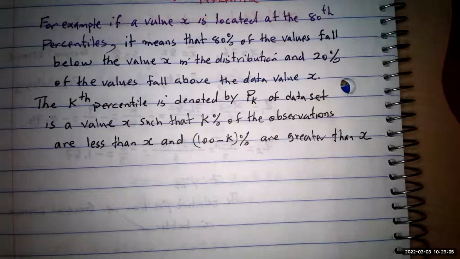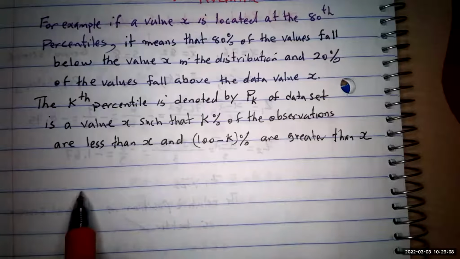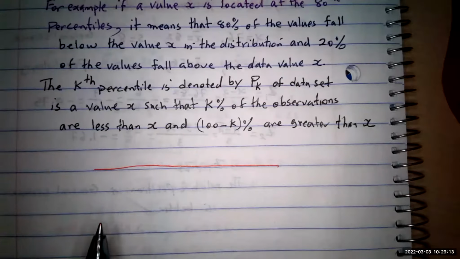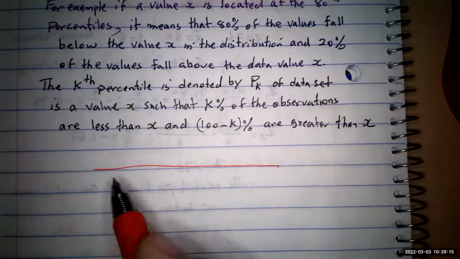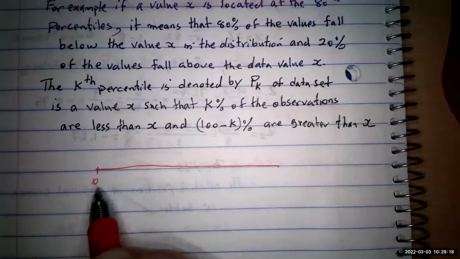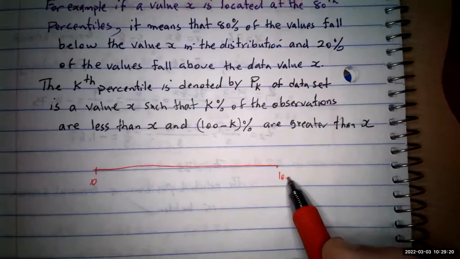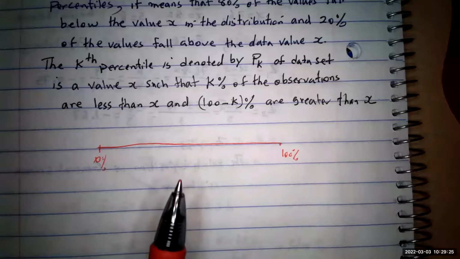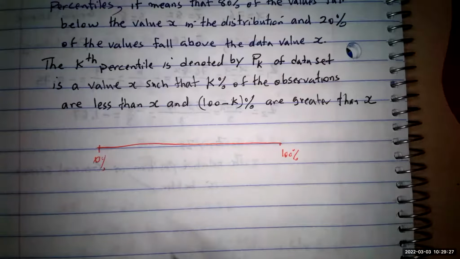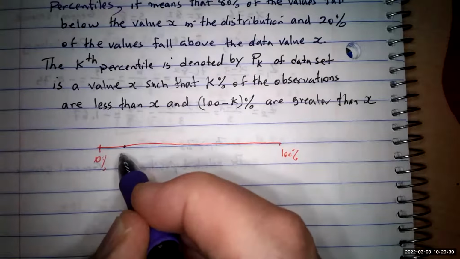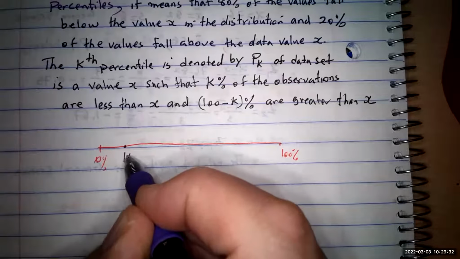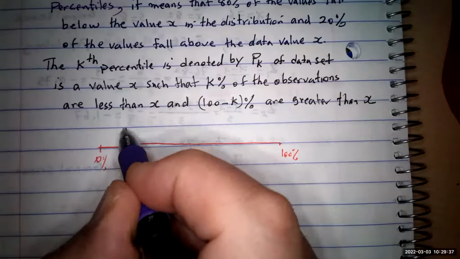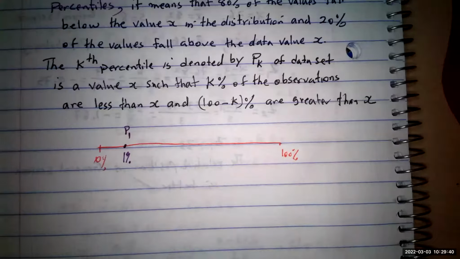So if you like it, this is what we really do. This is the number line, and this is going to be 0, and this is going to be 100%. You are going to divide it into ones. This is 1%. So if your grade is here, this is P1.